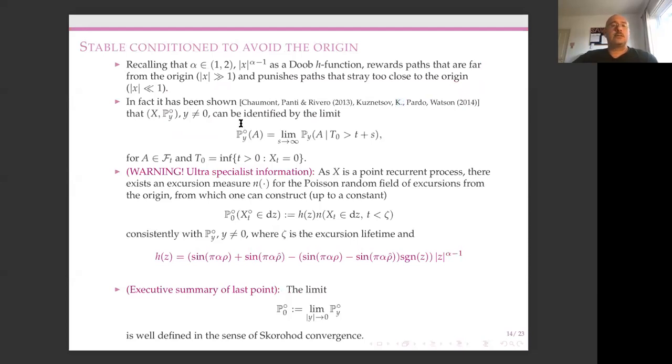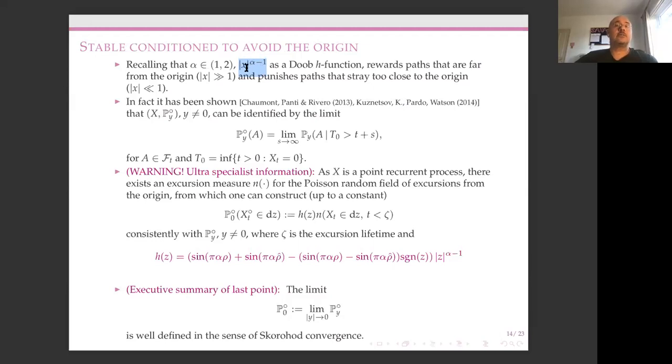And this looks at conditioning the stable process, in this case, to avoid the origin. So when alpha is between 1 and 2, you can have a look at this and think, well, what happens when x tends to infinity? When x tends to infinity, we reward paths.